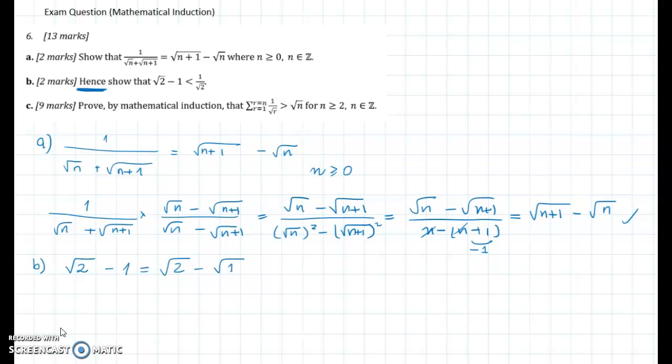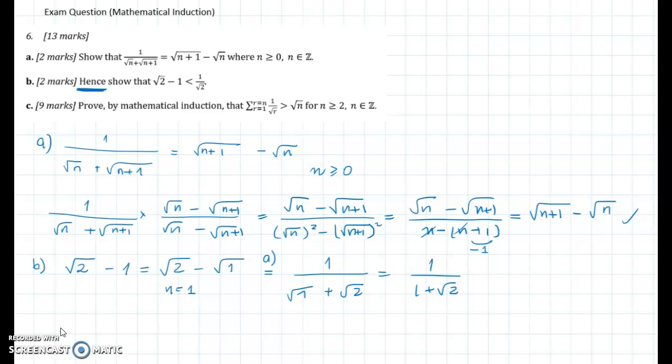That looks like the equality that we just proved if we let n be equal to 1. So according to part A, square root of 2 minus the square root of 1 is equal to 1 over square root of 1 plus the square root of 2, which is 1 over 1 plus the square root of 2.